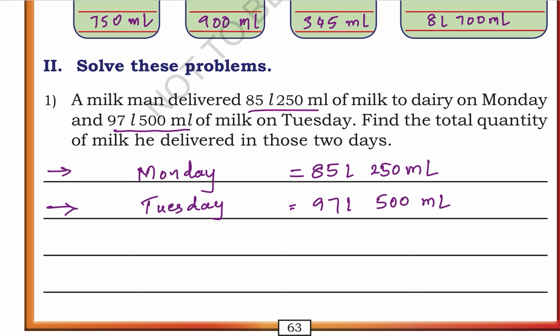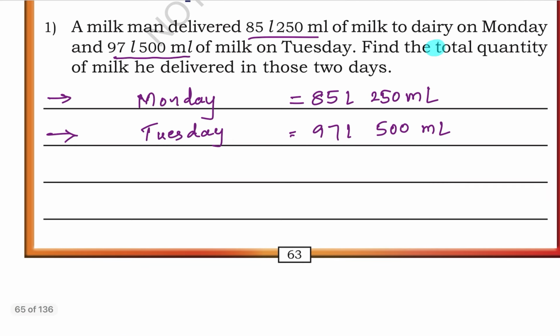See here the word total means you have to add it. 0, 5, 7, write the unit milliliter. 5 plus 7 is 12, 1 carry, 1 plus 8 is 9, 9 plus 9 is 18. So what is the total quantity of milk he delivered in those 2 days? 182 liter and 750 milliliter.